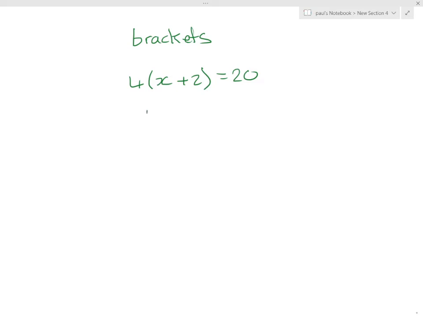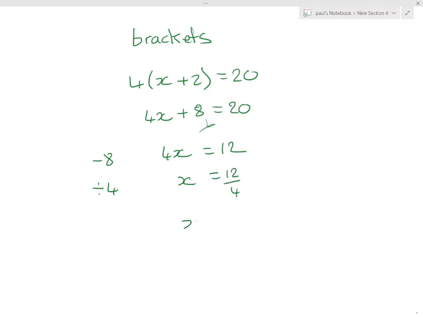So 4 times x is 4x, 4 times 2 is 8, equals 20, and then we can take away 8, which leaves 4x. Take away 8 from there is 12, and then divide by 4, which leaves x is 12 divided by 4, so x will equal 3.